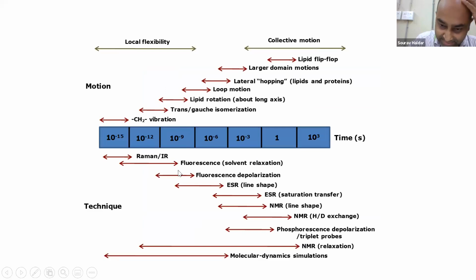Here is again a comprehensive chart in which I'm trying to show the overlapping of the time scales of different motions that have been identified in bilayers and the corresponding spectroscopic or microscopic techniques for interrogating those motions, right?